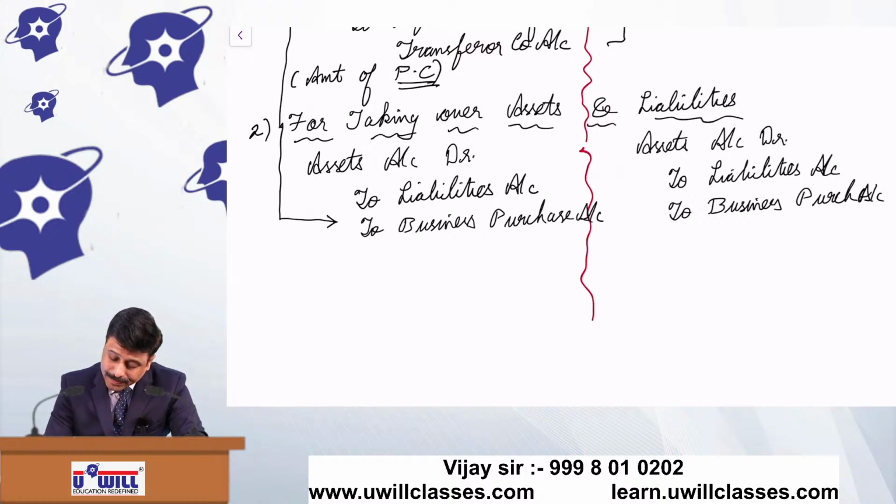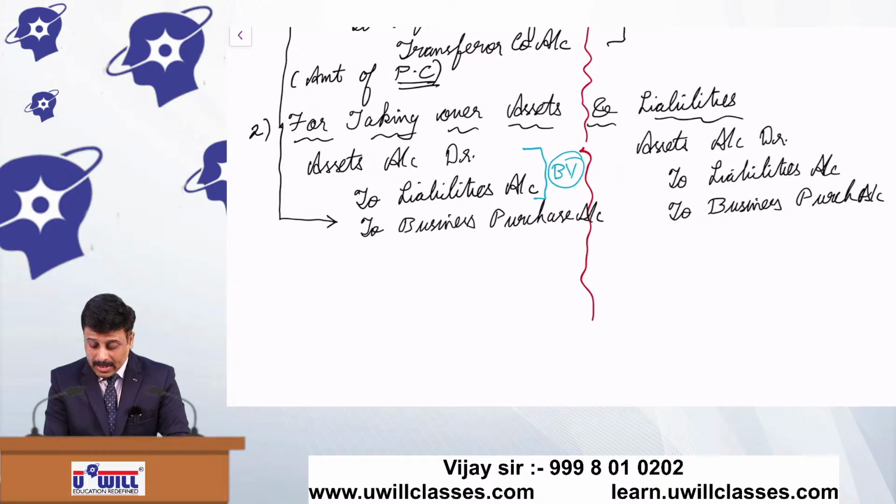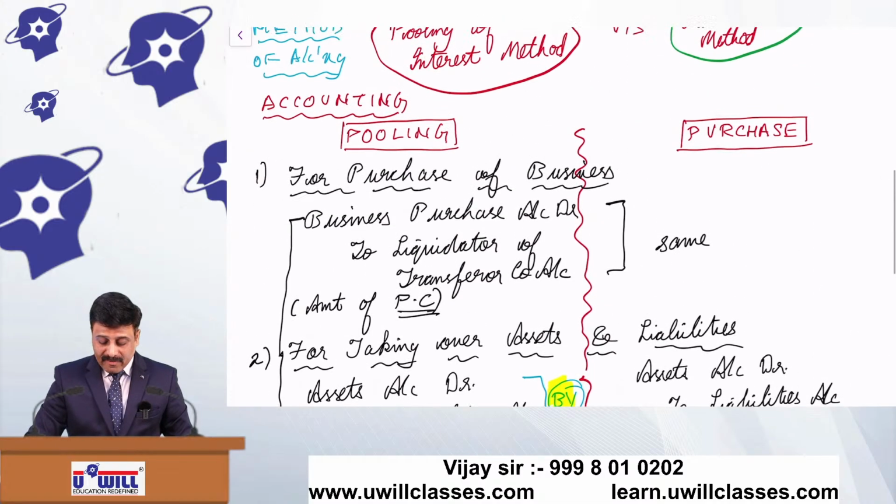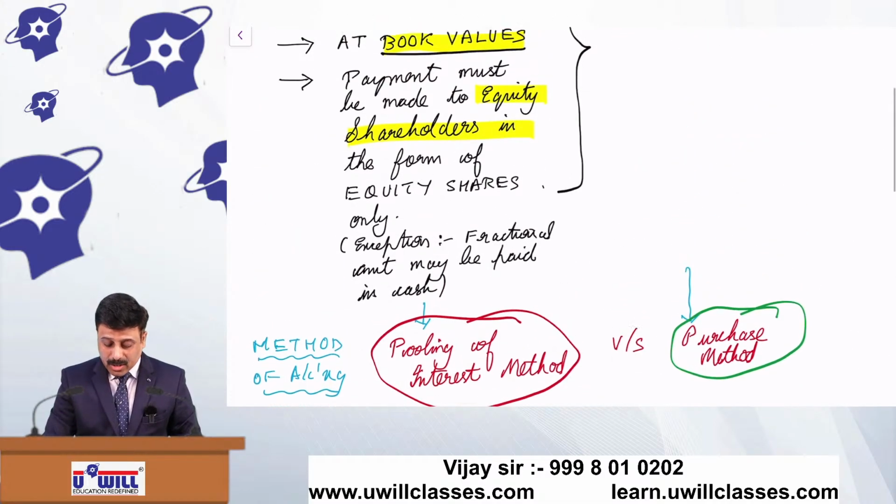However, here these both will be recorded with book values. This is important. Here these both will be recorded with which values? Book values. Because we are doing which method of accounting? Pooling of interest method. When do we follow pooling of interest method of accounting?